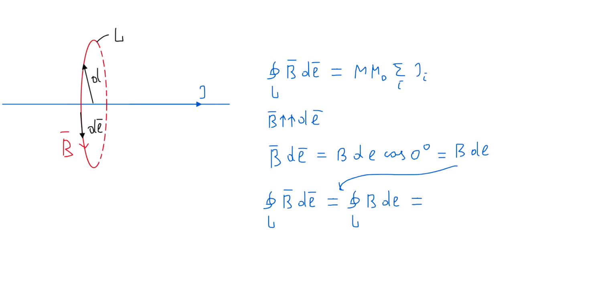So B doesn't depend on DL, and B may be written outside of the integral. So here we have DL. Okay, and how do you think we calculate this integral?